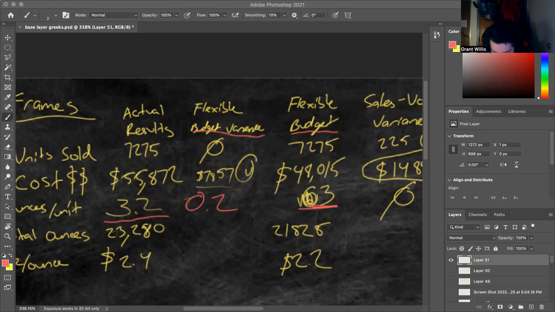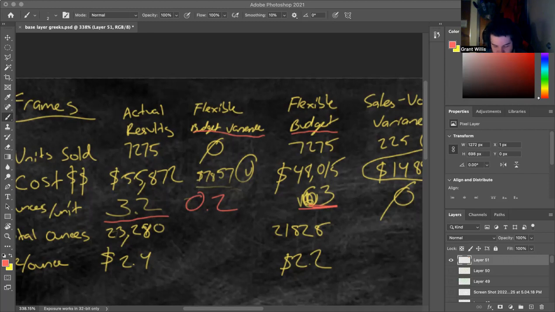Basically static budget cost is a static number, right? But a standard input is flexible. But keep in mind, the input on a per unit basis is going to be the same for the flexible budget and the static budget. It doesn't matter if you make 5,000 cups of coffee or 7,500 cups of coffee, it's still going to be 12 ounces per cup.